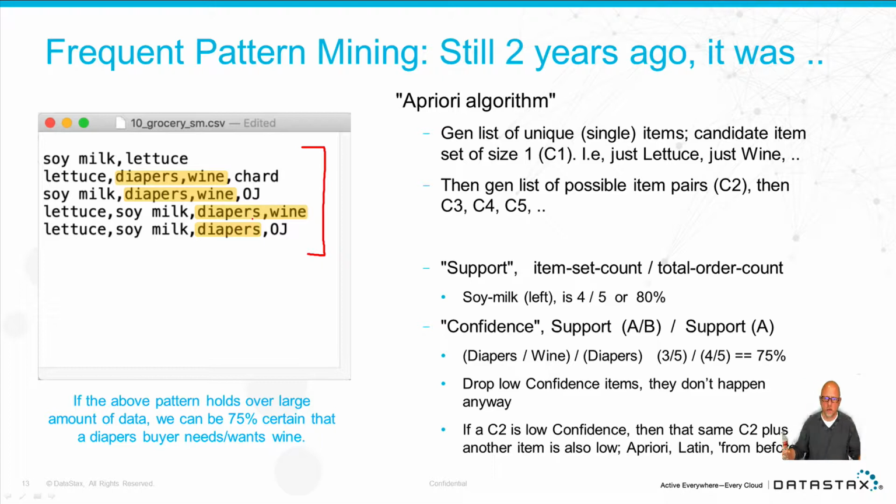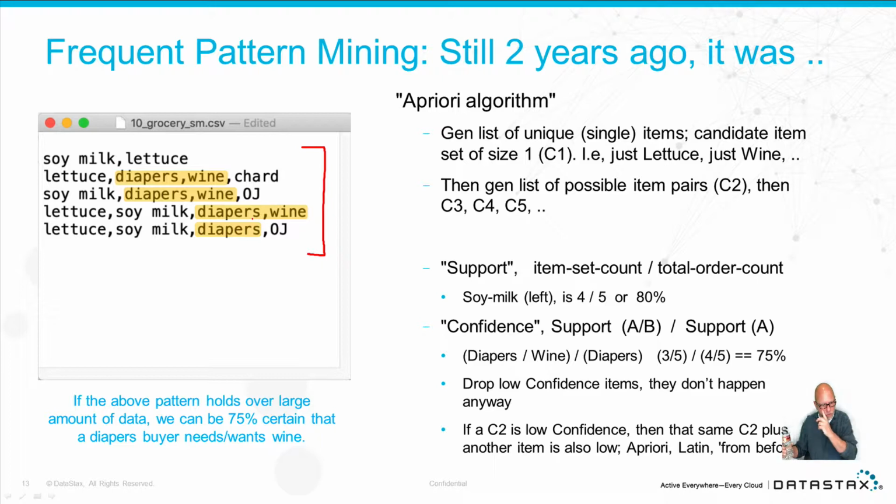And what we're looking for is to drop low confidence items. We don't want to stick them in the database. We don't want to continue to calculate their support and confidence. Why? Because they never happen. If I have 1 million items and something has only happened twice, why am I calculating this?